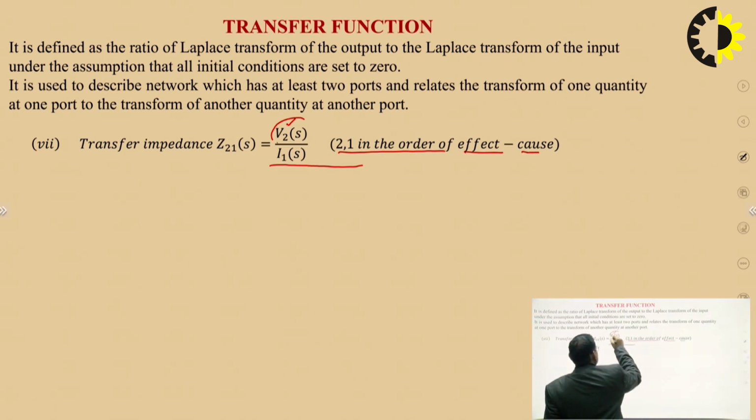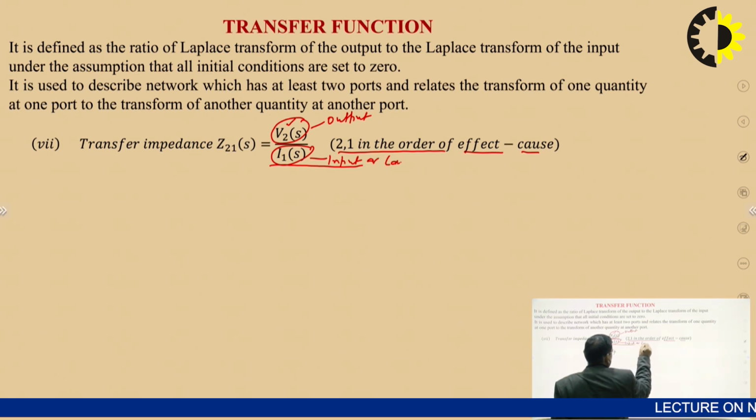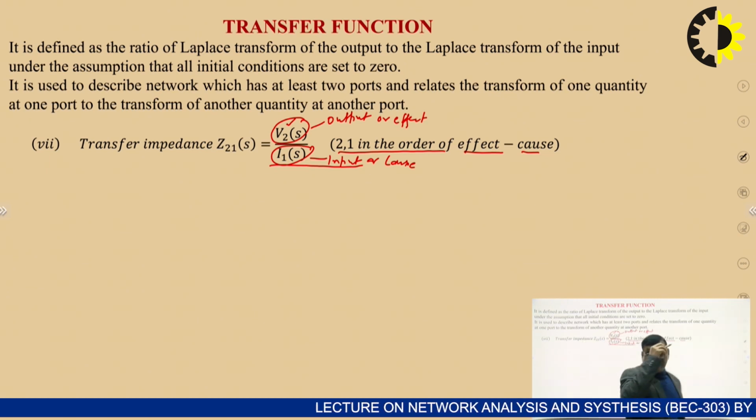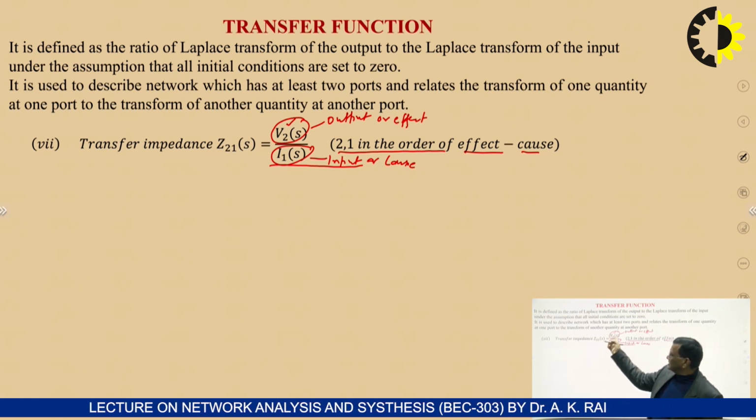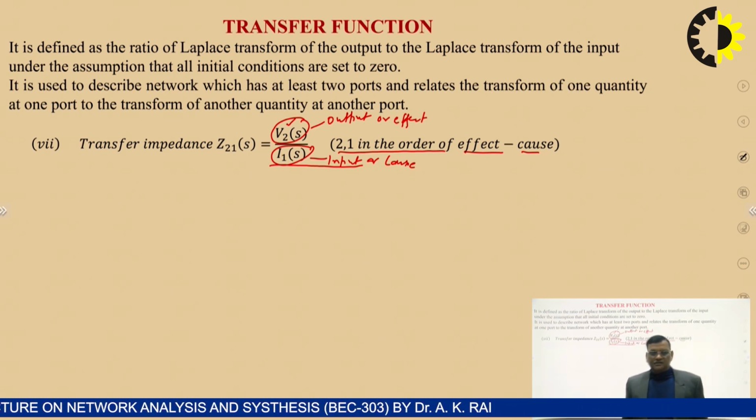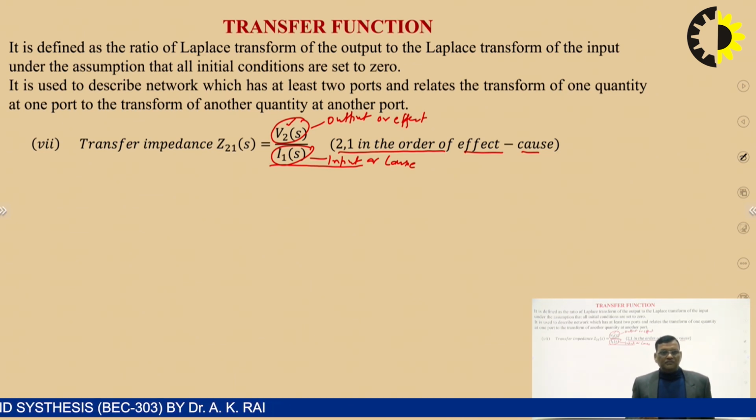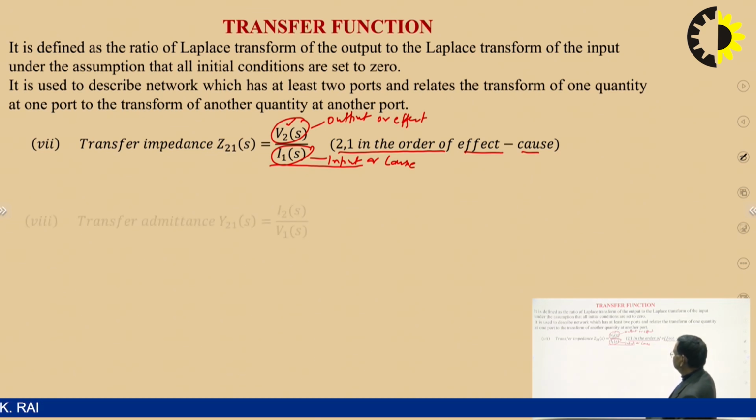So this is your output, that is the effect, and this is your input, that is the cause. In some books you can find Z12(s), which is basically V2(s) upon I1(s), because a transfer function is defined as the ratio of the Laplace transform of the output to the Laplace transform of the input under the assumption that all initial conditions are set to 0.